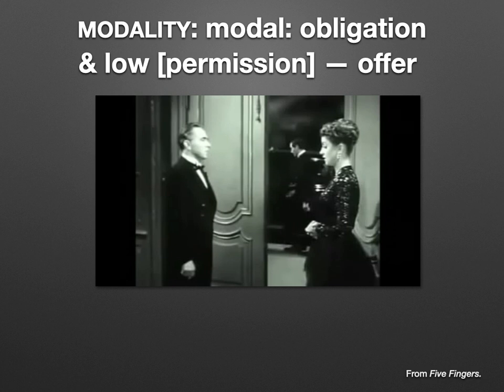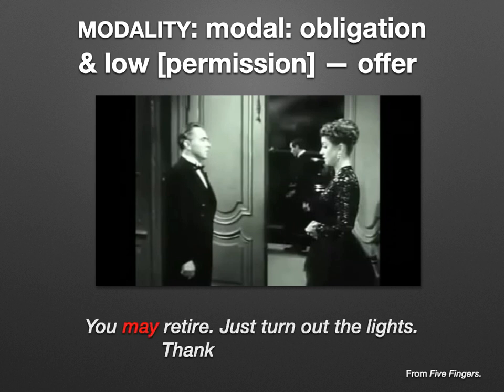So it's just a little example. You may retire. So in terms of obligation, it's not you're obliged to retire, it's not you're expected to retire, but you're allowed to retire. But then comes a straight command, notice, and that's categorically positive. Just turn out the lights. And he says, thank you, madam.